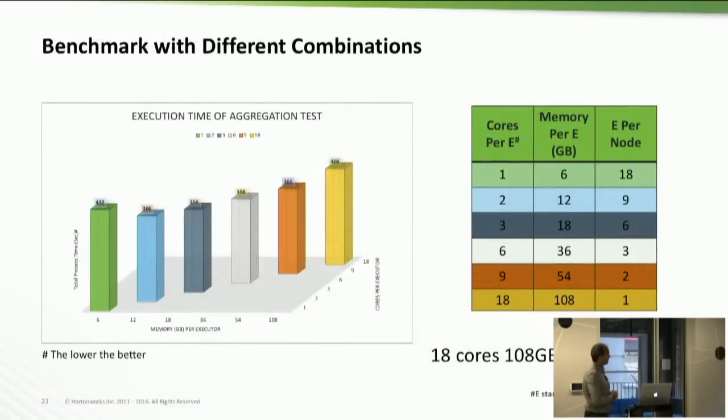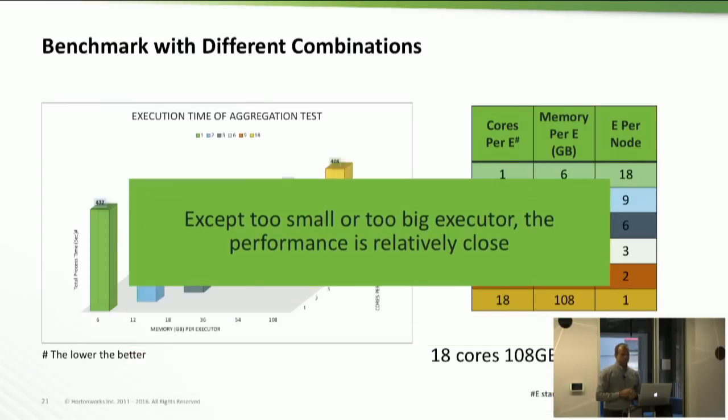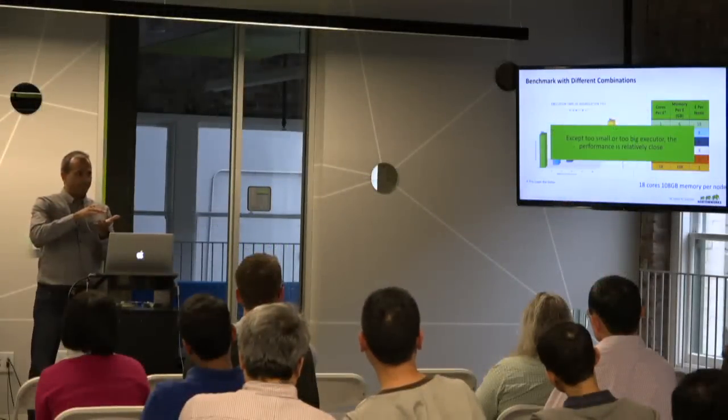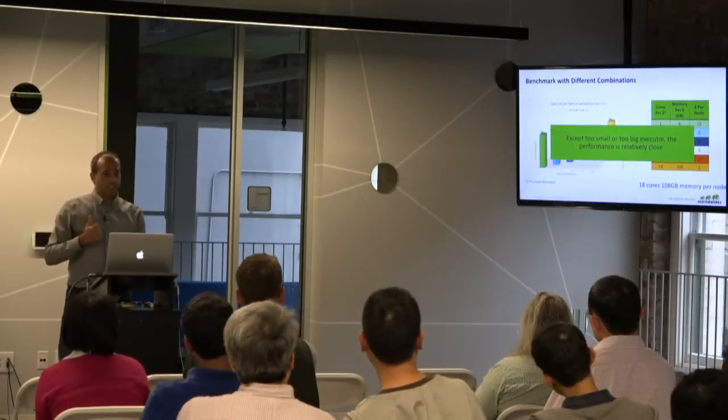What we found is that the performance varies slightly depending on the executor size, how many cores were allocated to each executor. But unless you're trying to allocate a really big executor or a really small executor, for medium sizes the performance is relatively constant. That's a key thing to note.